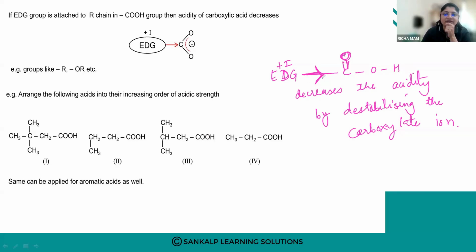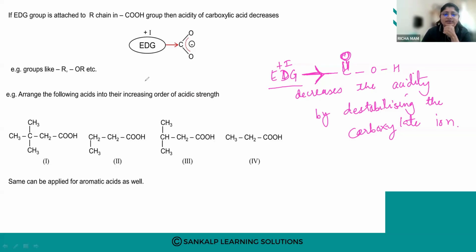In the previous case, whenever an electron withdrawing group was there, it was taking off the electron, so the negative charge could be stabilized by the resonance. But here, because of the presence of electron donating group, the acidity is decreasing. Why? Because the carboxylate ion is not stabilized. It is destabilized.